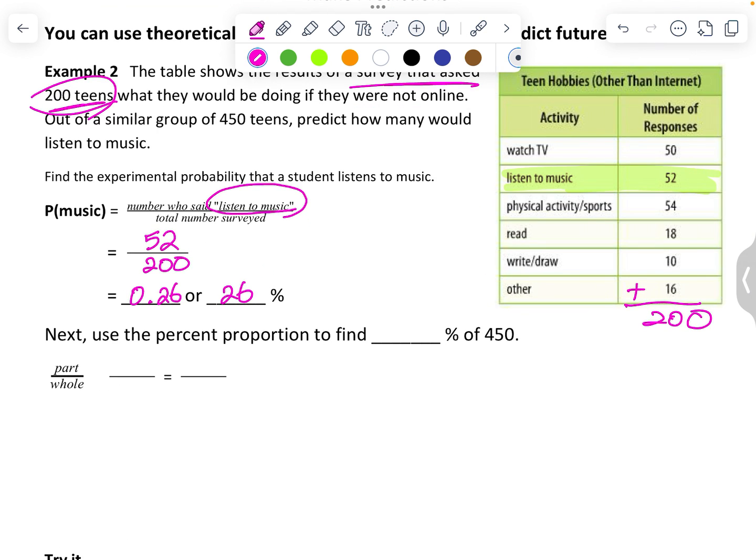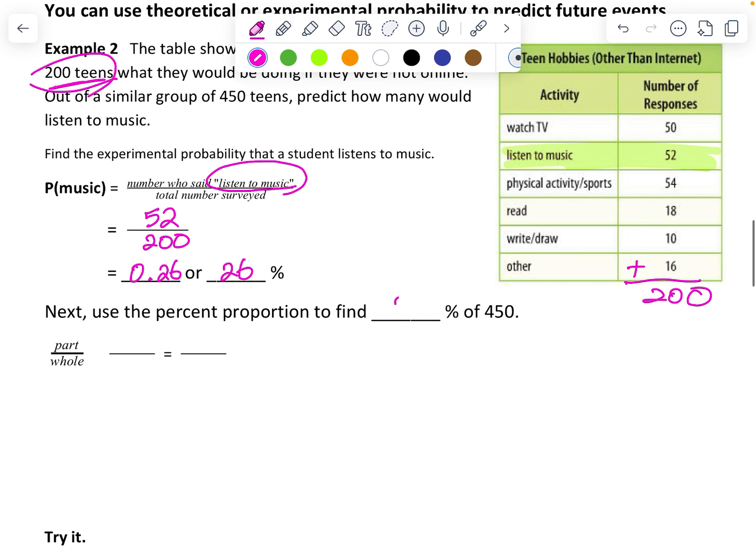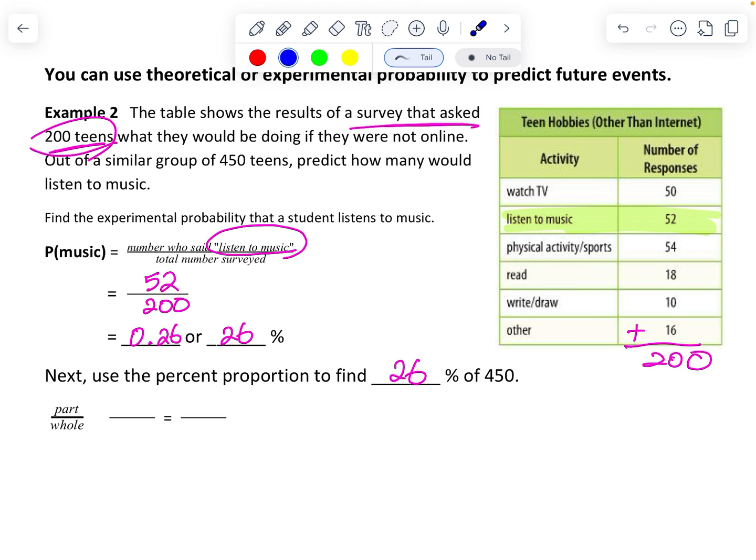Now we use the percent proportion to find 26% of 450, because the direction says, out of a similar group of 450 teens, predict how many would listen to music. This was only for 200 people, now we have to make a prediction for 450.